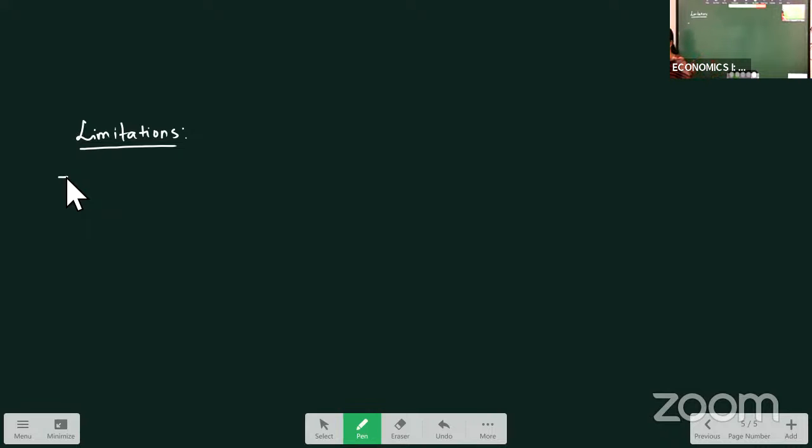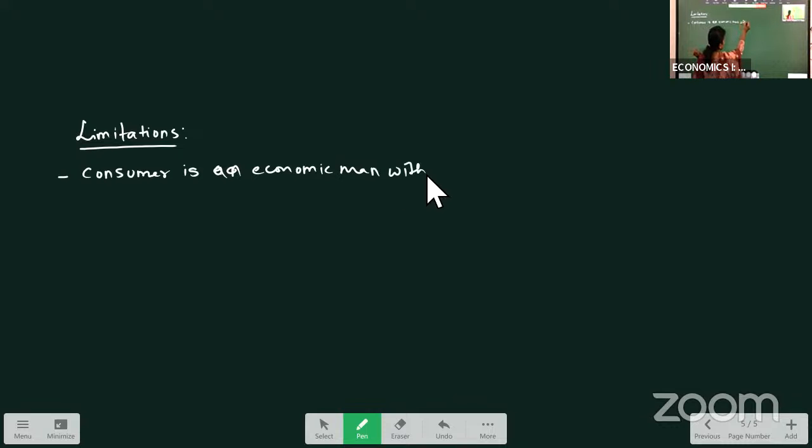For example, we said consumer is a rational man, means always consumer wants maximum satisfaction. But in reality, consumer is an economic man with rational behavior.